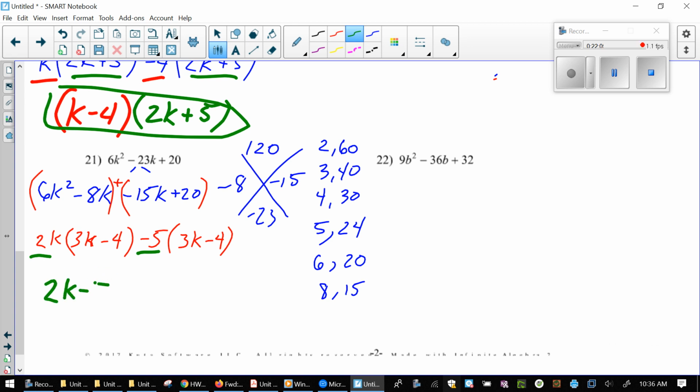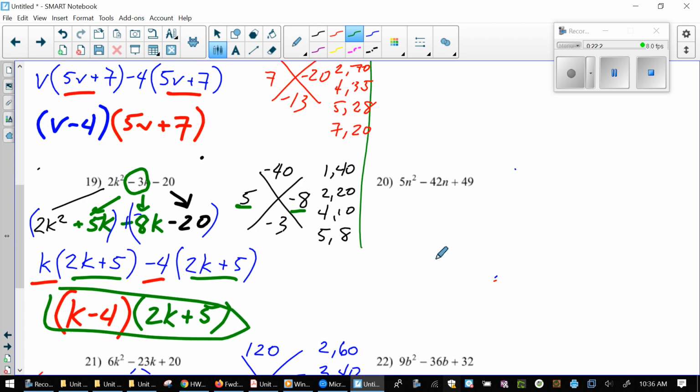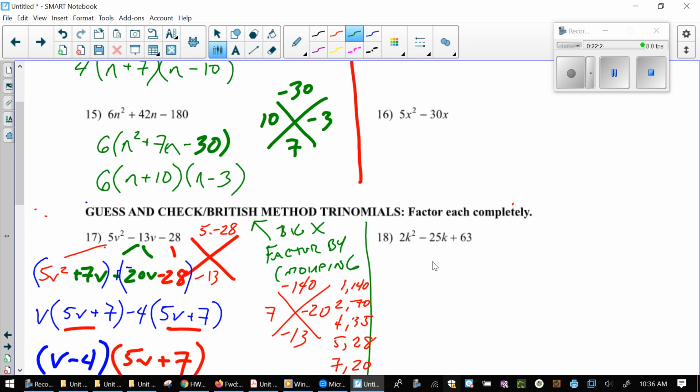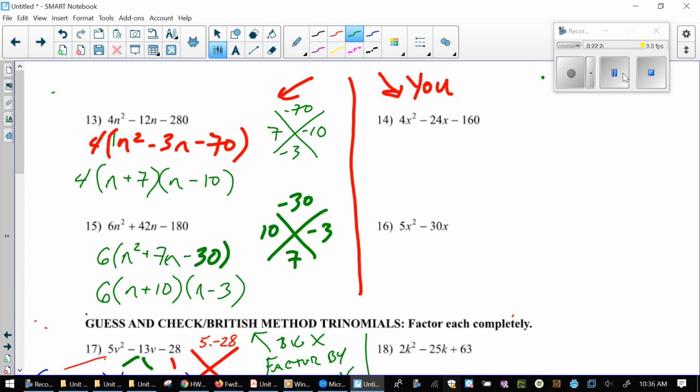And again, I need those to be the same. So by taking out that negative, it reverses those signs for me. So on the outside, our first factor is 2k minus 5. And on the inside, our second factor is 3k minus 4.